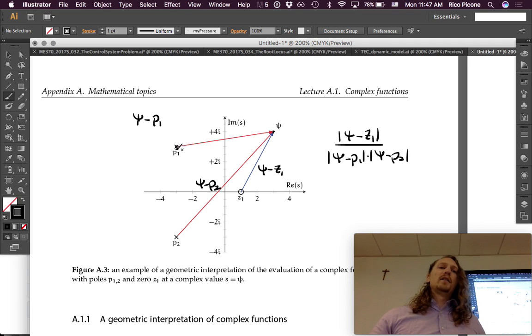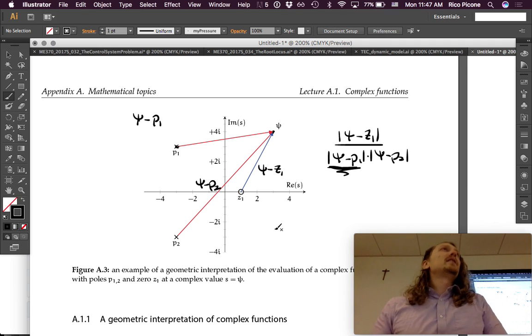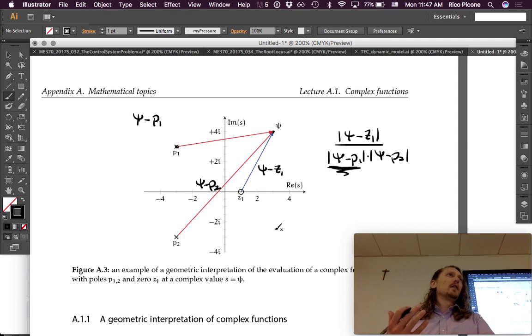So we could find the length of that vector that goes between them, and plug that in there for psi minus p1. But we're going to use this for some graphical calculation of things, because we could calculate this based on this plot. If you had a scale or a ruler, you could do it really easily, right? But that's not really the value in this. It's the intuitive understanding of how a pole's vector contributes and how a zero's vector contributes. That's what we have to think about.